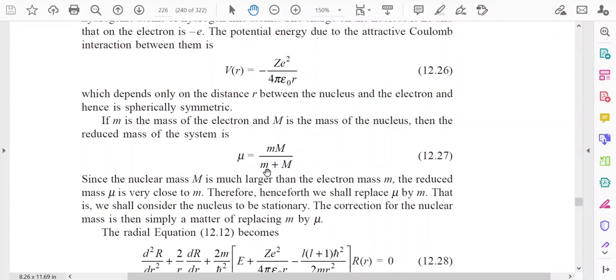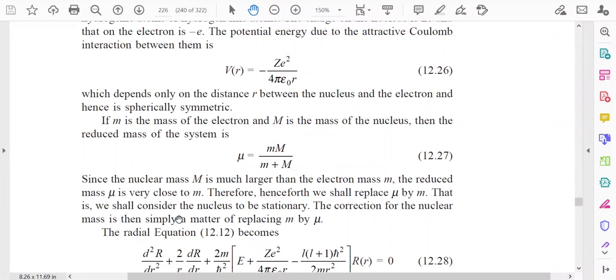So we can neglect the electron mass in the denominator. Ultimately, capital M from the numerator and denominator cancels out, and the reduced mass mu is very close to the electron mass small m. With these approximations, we shall replace mu by small m.